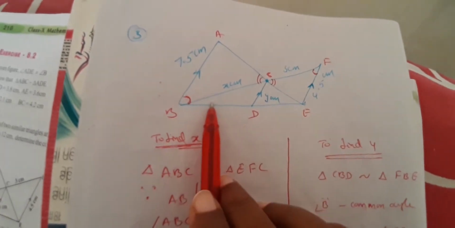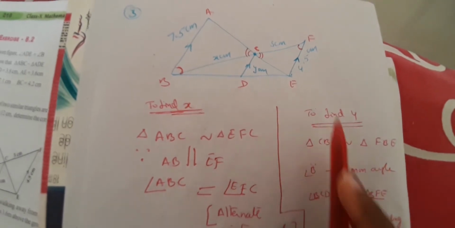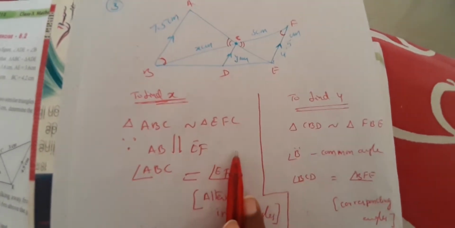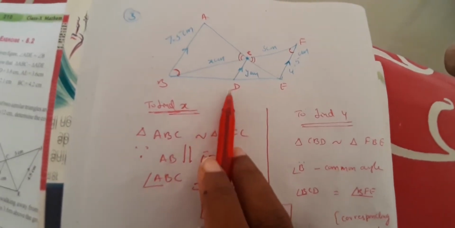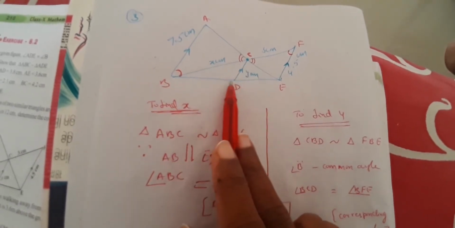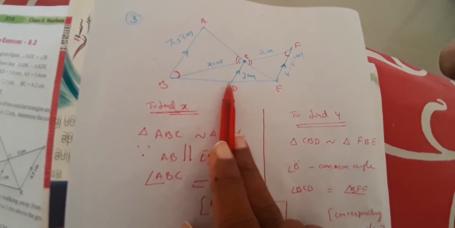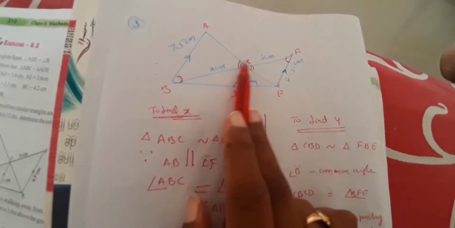Also B is common. So therefore angle B is common angle, that is angle FBE. I can write it as angle FBE is common angle. Right. And then next, what is that? Angle BCD, right, is equal to angle EFB.